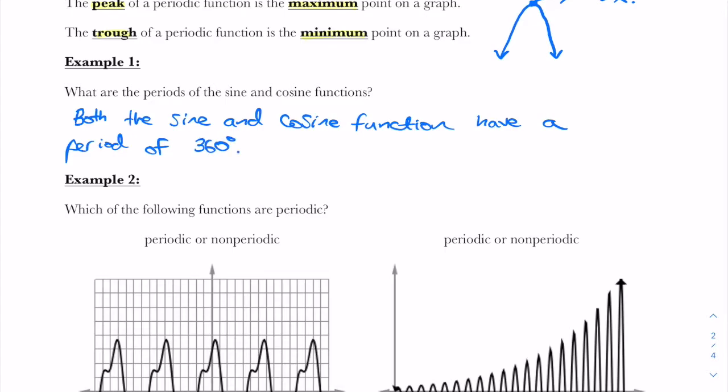This means the graphs repeat every 360 degrees.